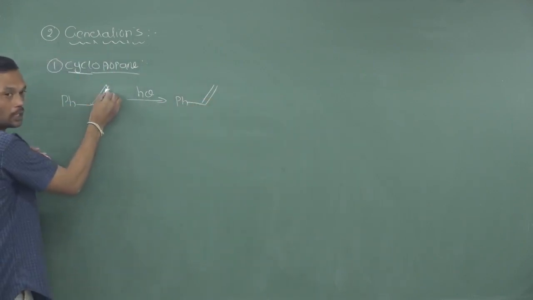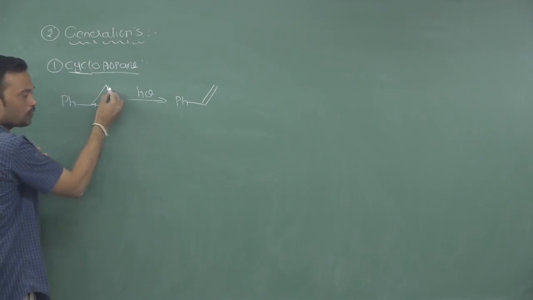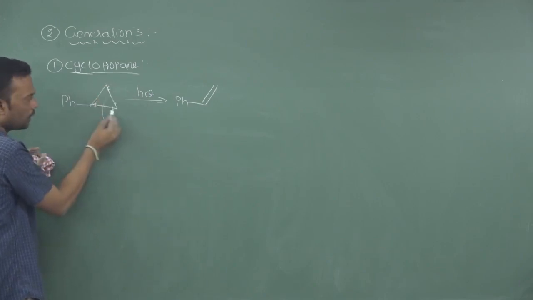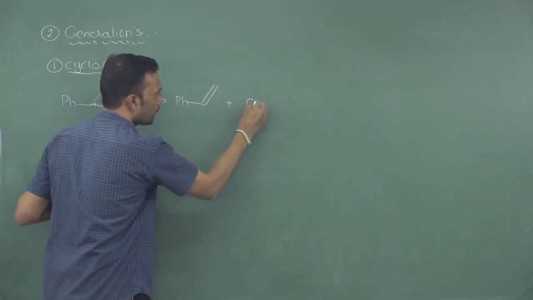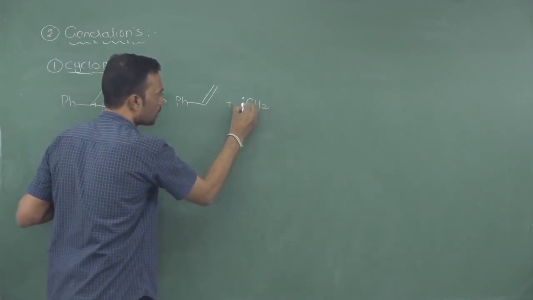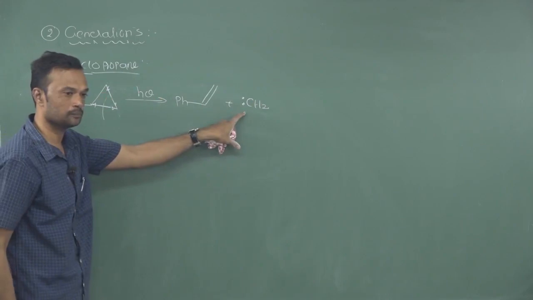If I break here, this radical is left on this carbon, and this radical is left on this carbon. Now these two electrons are left on this carbon. Now see, how many electrons does this carbon carry? Two electrons are available. Carbon-carbon double bond formation will take place. Finally you will get this carbene.